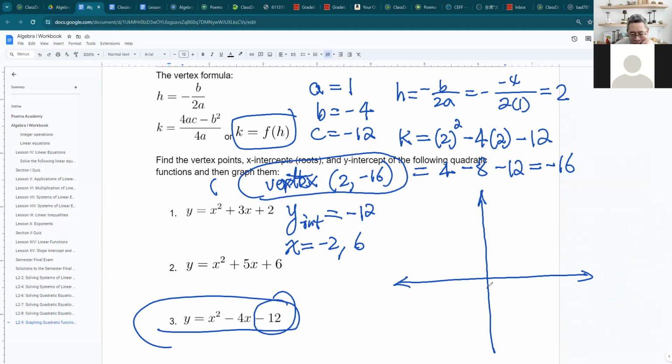So if we say this is 2, 4, 6, 8, 10, 12, 14, and 16, and so this is our 2. So we've got 1 point here. And we know the y-intercept is negative 12. So this is negative 2, negative 4, negative 6, negative 8, negative 10.